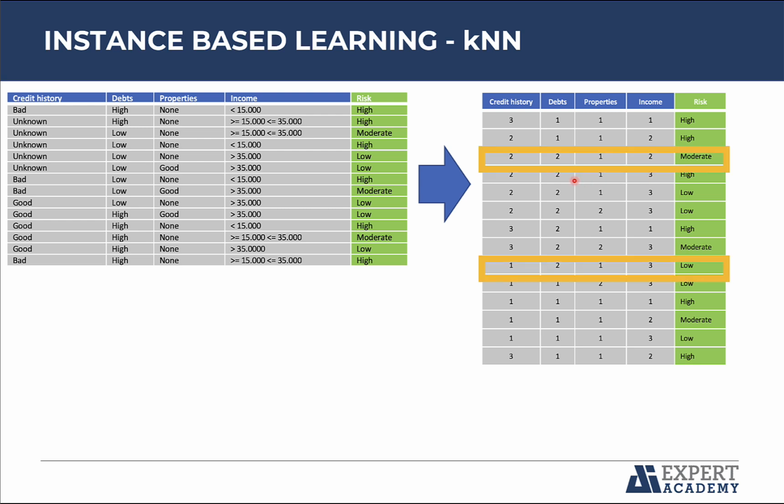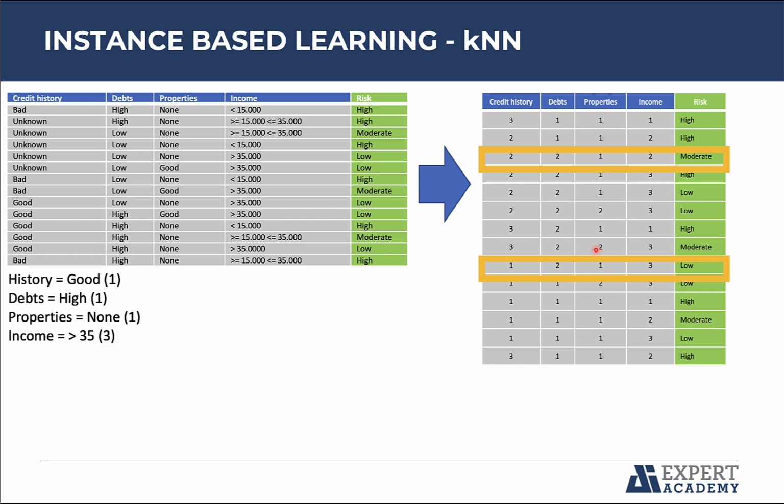Let's select these two instances, and now let's suppose that this new customer has just arrived at the bank and is requesting a loan. The history is good, which is 1 in this representation, debts high, 1, properties none, 1, and income greater than 35, which is equal to 3 in this new representation.